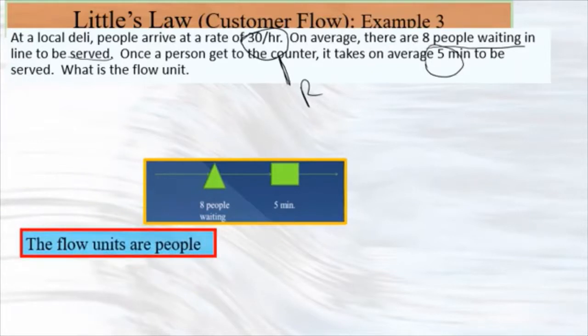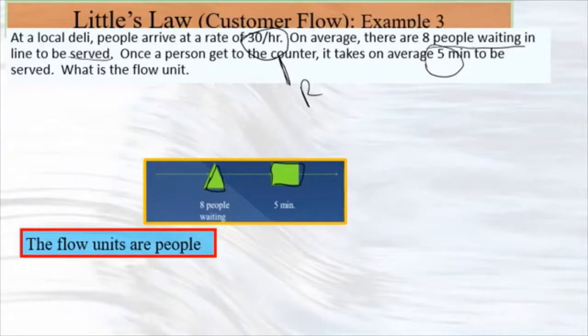Now let's draw the process. The process here is a little bit more complicated. We have two different things, two different processes. We have the waiting. So when you walk into the deli, there is waiting, and then there is the actual service. Now with the check-in process, we didn't go into detail.